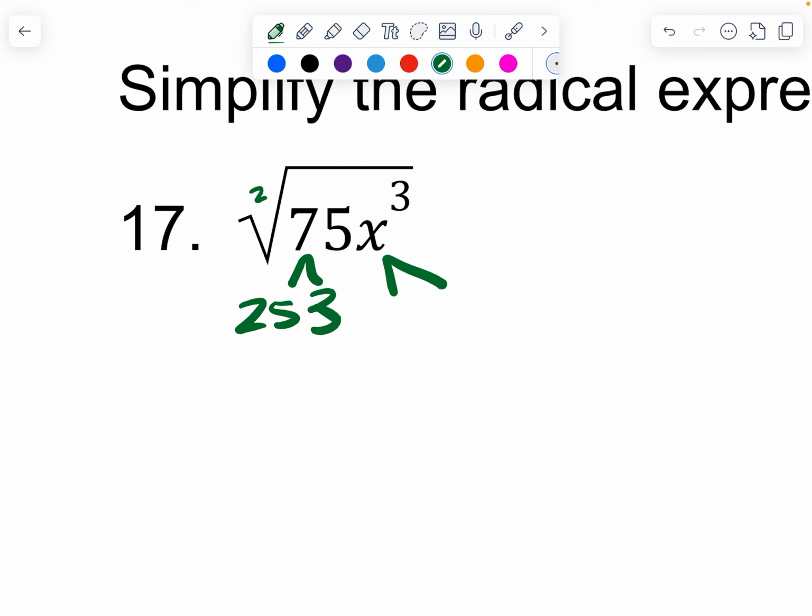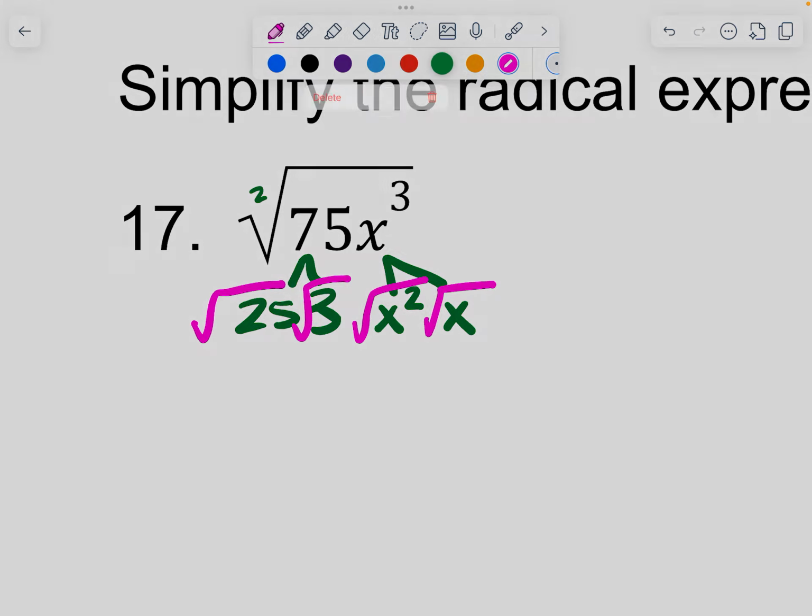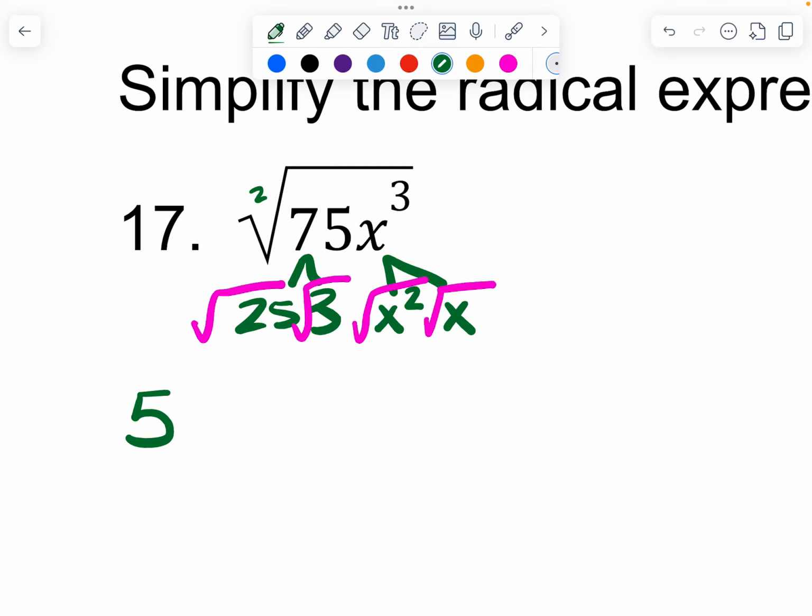Guys, I need you to understand that we need an even exponent. We need an even exponent. So, if I take the square root of each one of these things, the square root of 25 is 5.